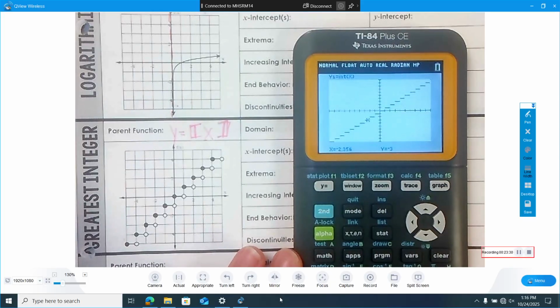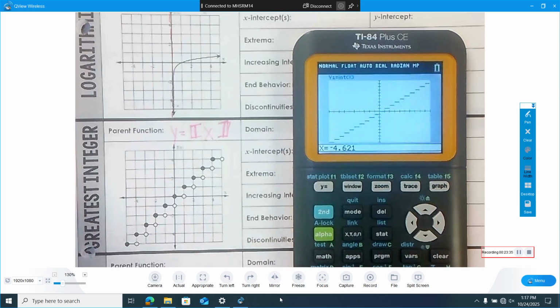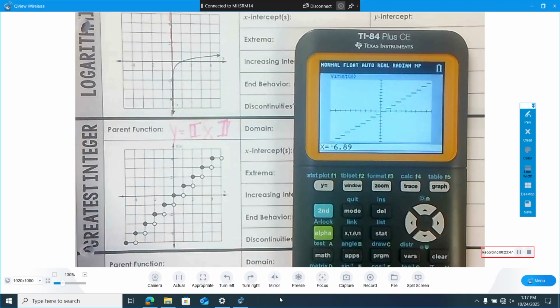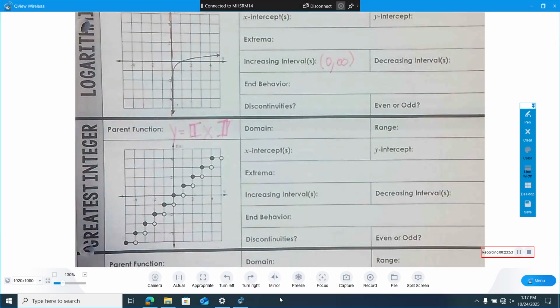What's the greatest integer of negative 4.621? Negative 5, because in negative land we go to the integer lower than the actual value. One more: negative 6.89? Negative 7. It's a weird kind of graph, but this is the greatest integer function.